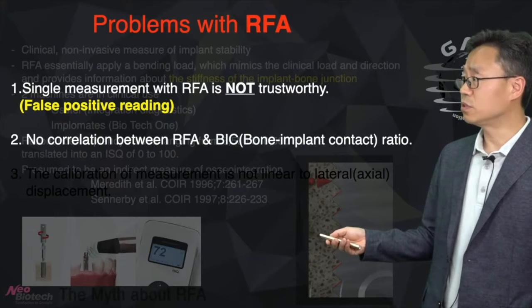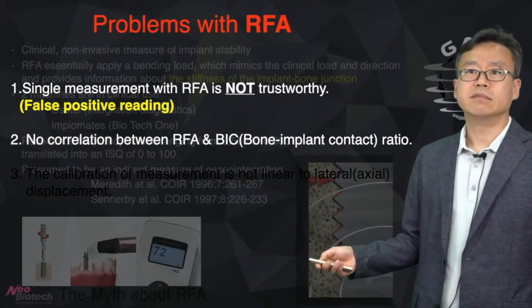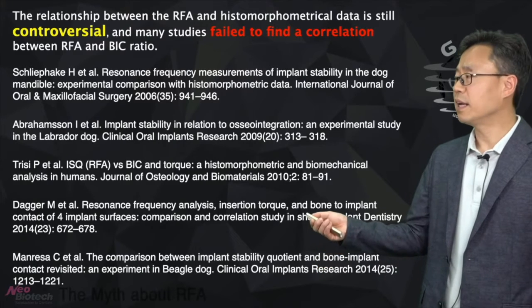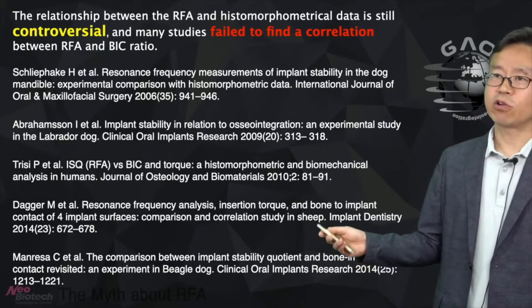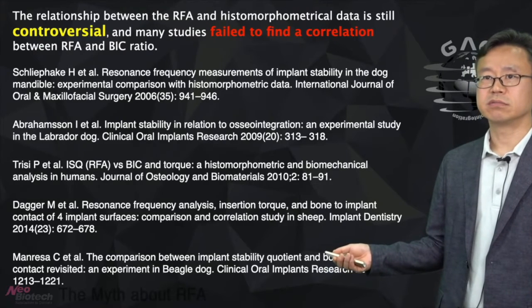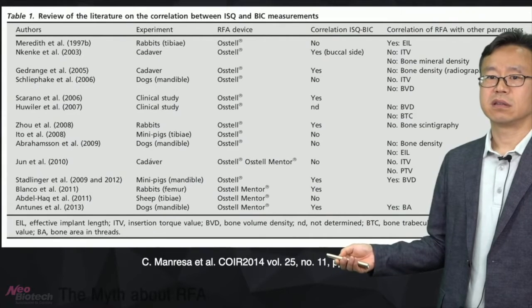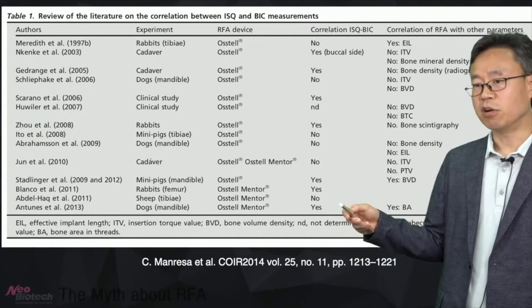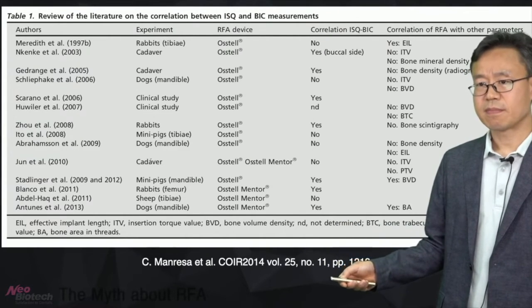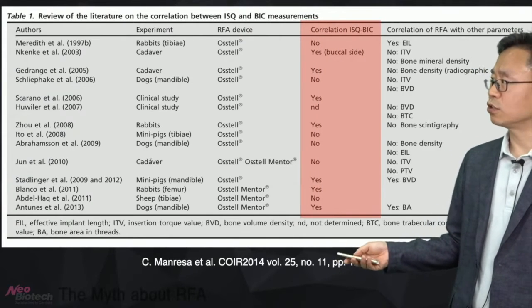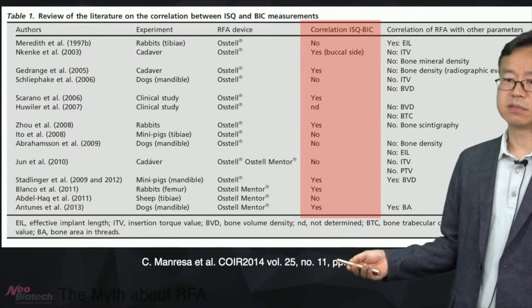Numerous researchers claim that they failed to find a correlation between RFA and BIC ratio. There's another review article. You notice multiple studies saying there is no correlation between ISQ and BIC ratio.